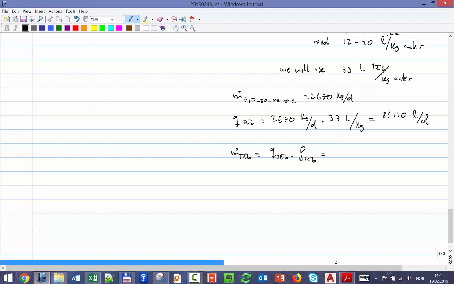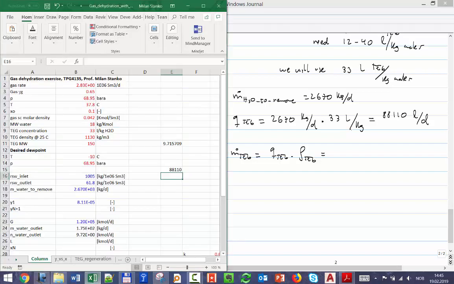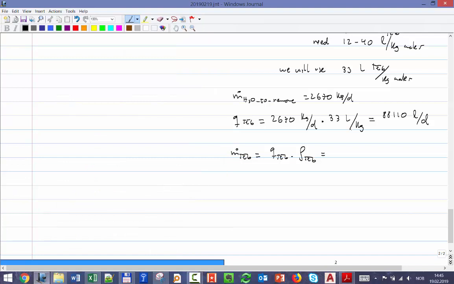It is a liquid, so it will be a bit affected by pressure and temperature, but not very much. So we're going to use a constant density that is given here, 1130 kilogram per cubic meter. 88,110 liters divided by 1,000 to bring it to cubic meters, and then multiplied by 1130, so the units cancel.